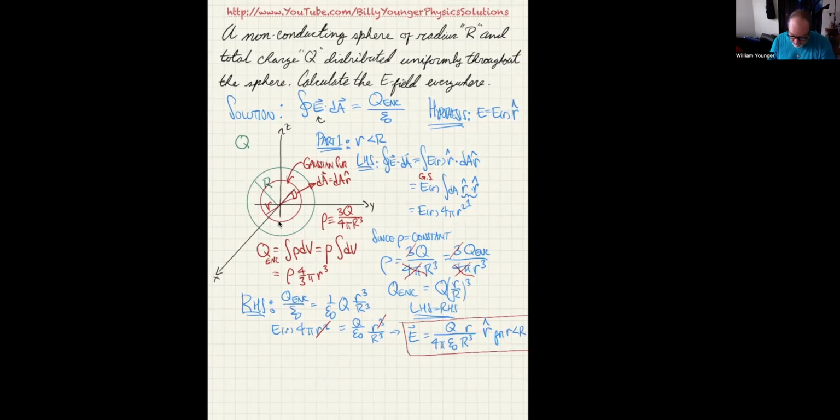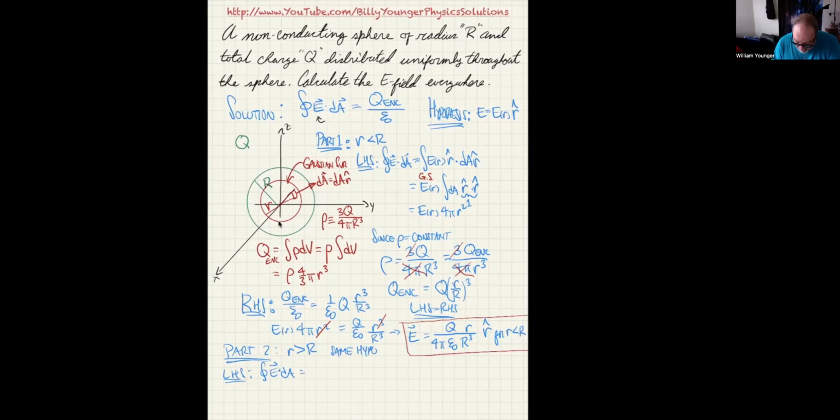Now for r greater than big R, it really should be trivial. So let's do part 2 now, which is r greater than big R. We know the left-hand side is going to be equal to the closed integral of E dot dA.